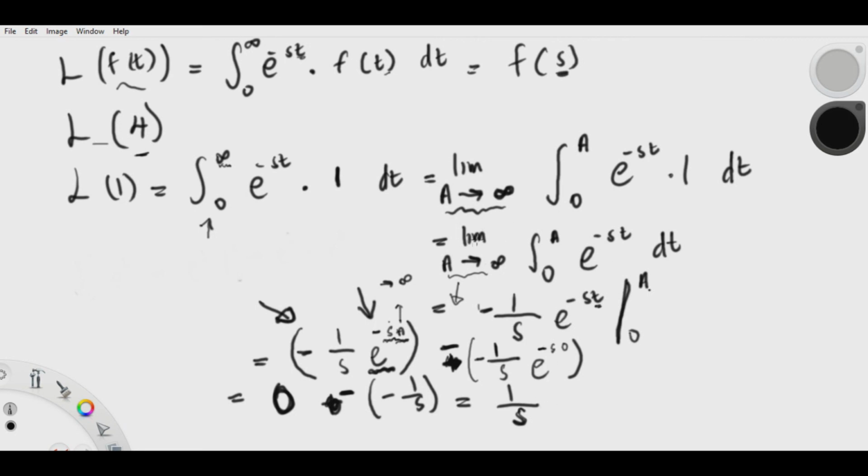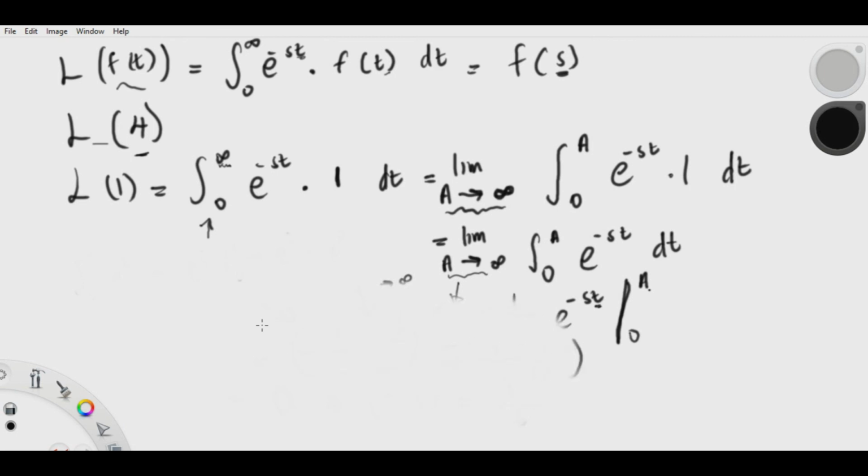Well, if you think about it, 1 times e to the st is just e to the st. If I had 4, that would be 4 e to the st, and if I integrated, it would be 4 over s. So my answer, pause, write this down, whatever, was 1 over s.